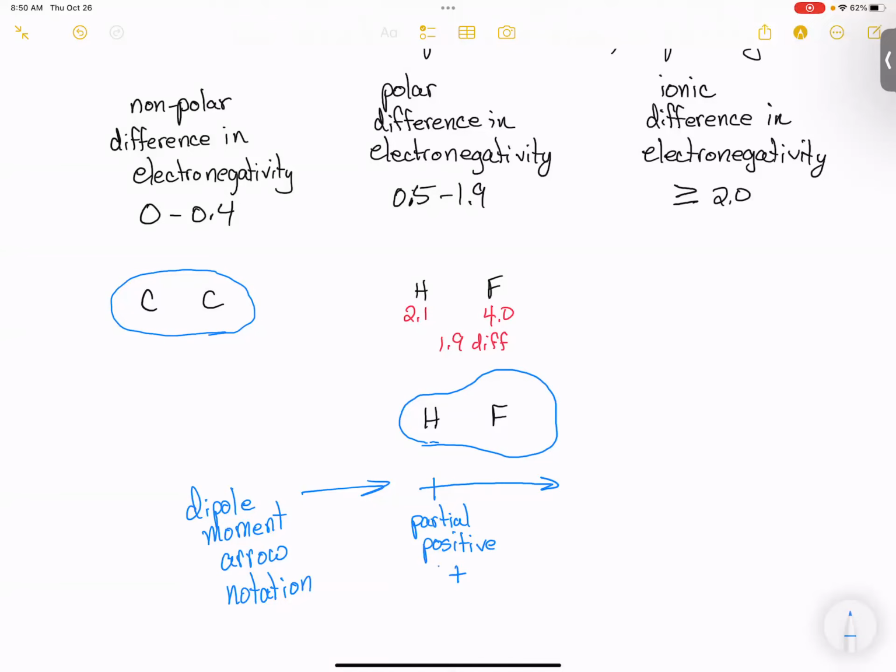Now partials, they usually use delta, and my delta looks funny, so I don't usually just draw the delta. But that's what it means. And then the other end is a partial negative. And the arrow is simply showing the direction that that is going.